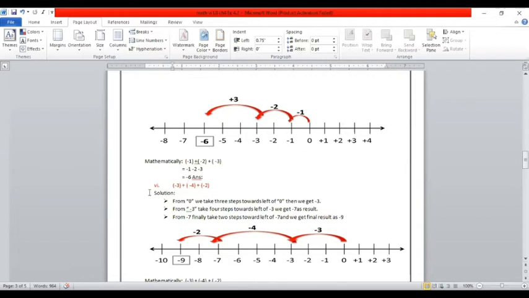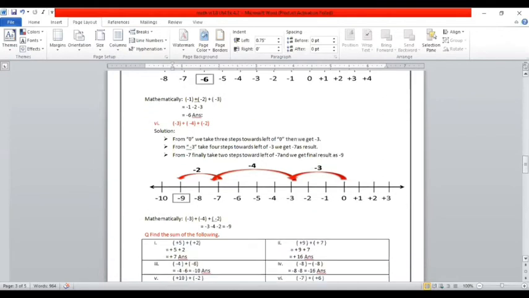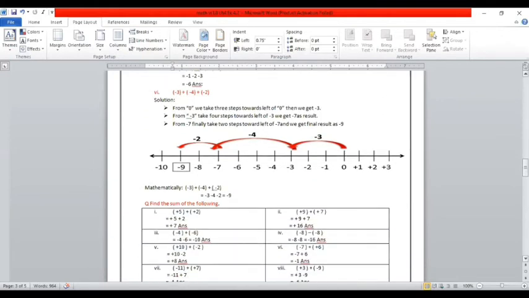Dear students, the sixth number is also related. Same pictorial form, same line representation of steps. Just the first step from 0 to -3 means I will put the cursor at 0 and move 3 steps towards the left, and I will reach from 0 to -3.